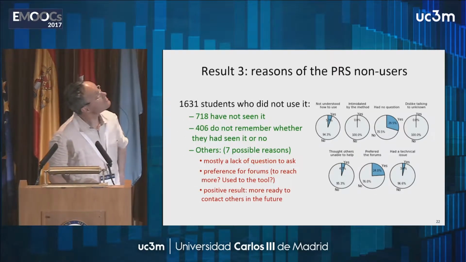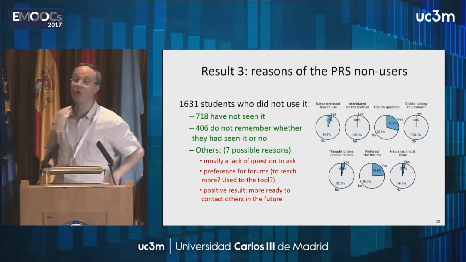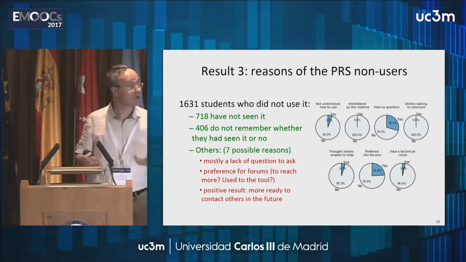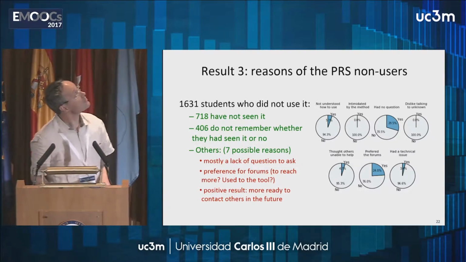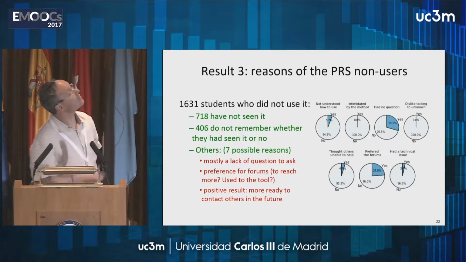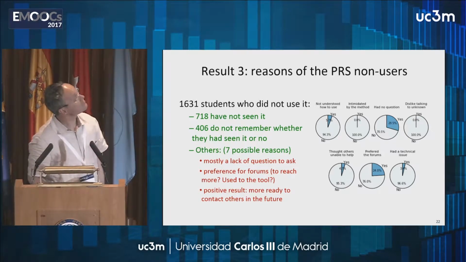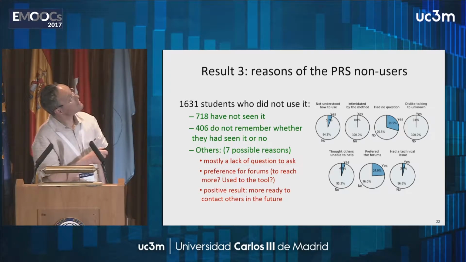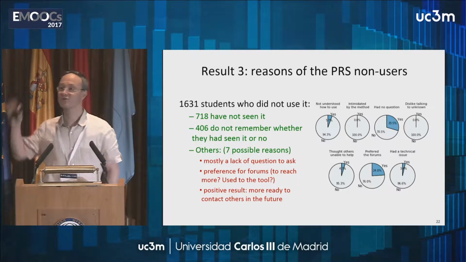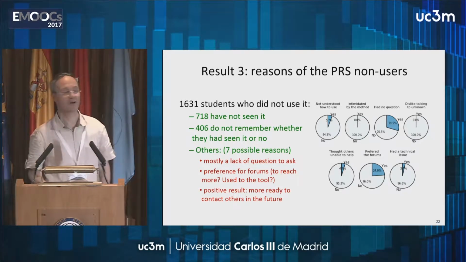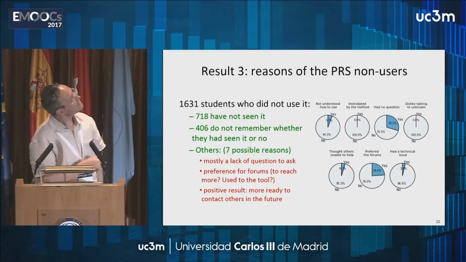Result number three is the reason for people not using the personal recommendation system. We asked the question to 1,600 students, and some said they didn't see it. As you remember, it was at the bottom left of the screen.